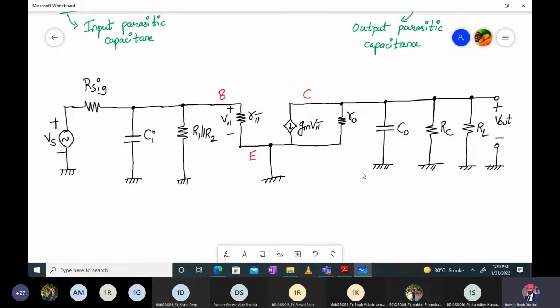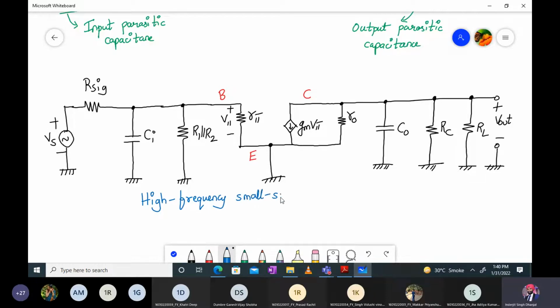One is the mid frequency equivalent circuit, one is the low frequency equivalent circuit, and now this is the high frequency small signal equivalent circuit. Everyone has understood? If you want me to write the name, I will write. This is called the high frequency small signal equivalent circuit of BJT amplifier.